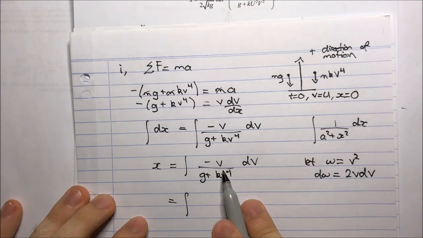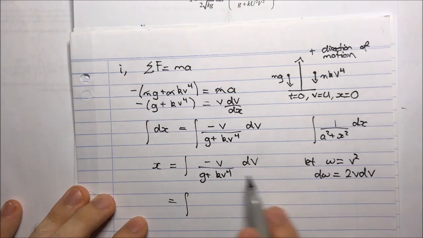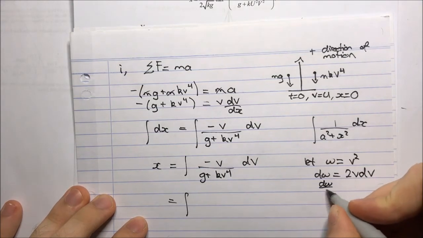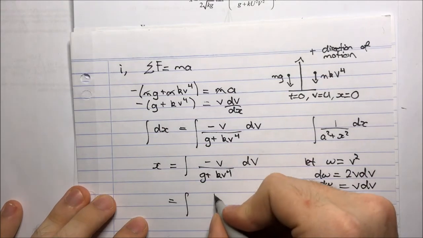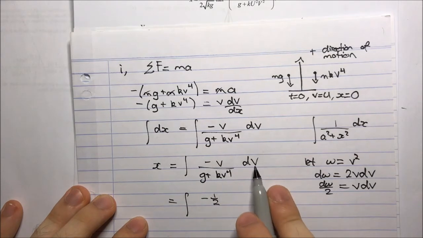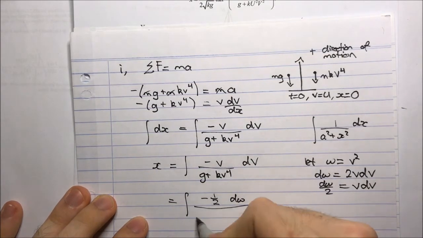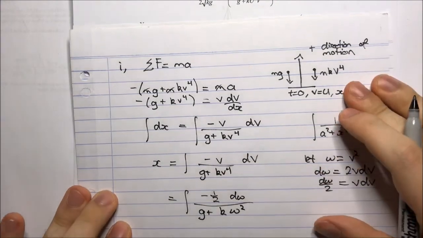So we're going to use this v dv here, and that's going to be dw on 2. Yep, that's better. So I have a half, and there's the minus there. Now the v dv is going to be the dw times a half, divided by g plus kw squared.